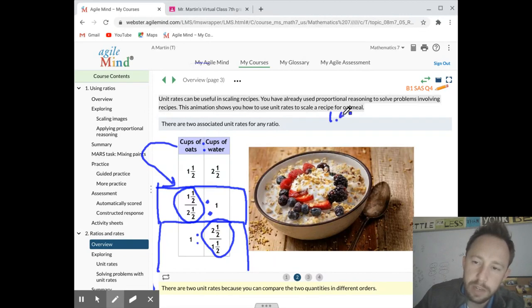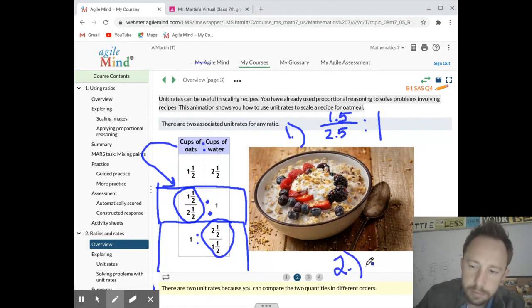All right. So our 2 rates, what we should have is 1. I'm going to just put 1.5 over 2.5 to 1. That's one of them. All right. So that's number 1. Now we need number 2. What would number 2 be? That don't make no sense. It does, because it's right here.